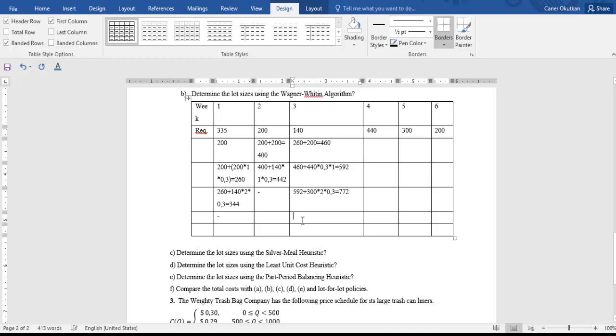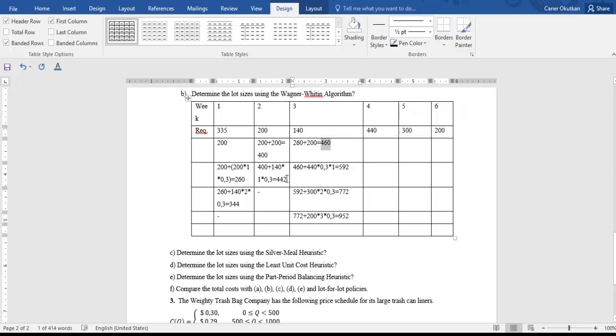So we pass another part, 772 plus last period, we are in last period, 200 multiply 3 multiply 0.3 equals 952. So we pass another part.